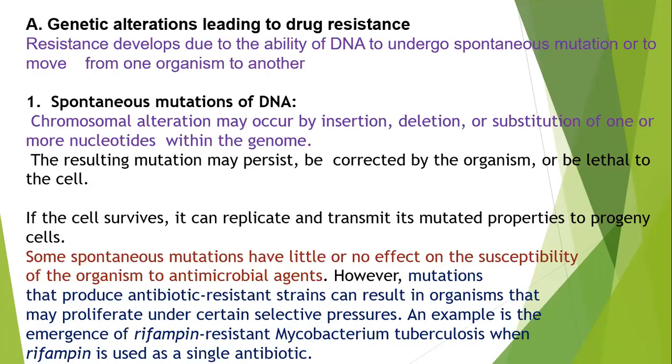As an example, rifampin resistance Mycobacterium tuberculosis when rifampin is used as a single antibiotic. That's why here بحالة التوبركلوسيس نستخدم combination of drug حتى هسه عندنا resistant just بحالة التوبركلوسيس.